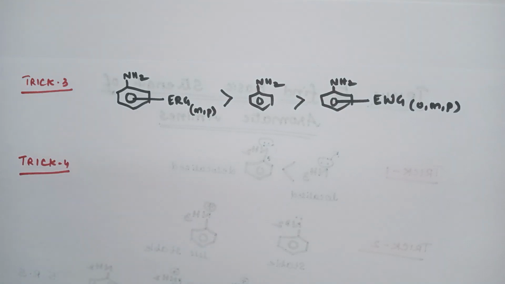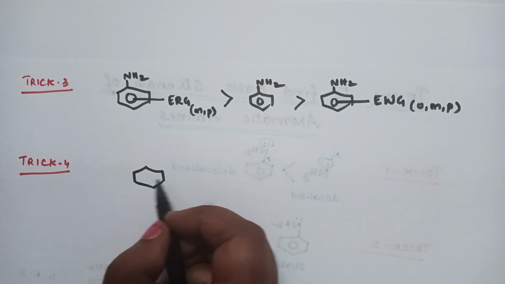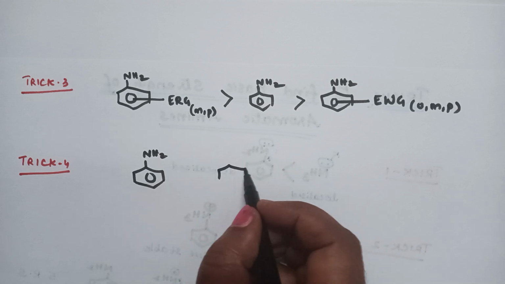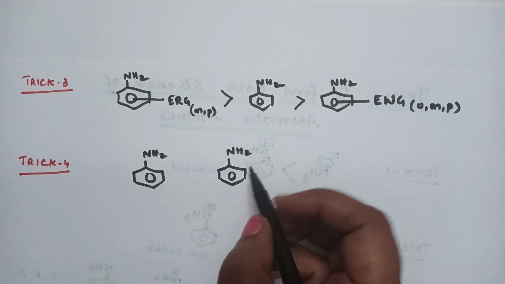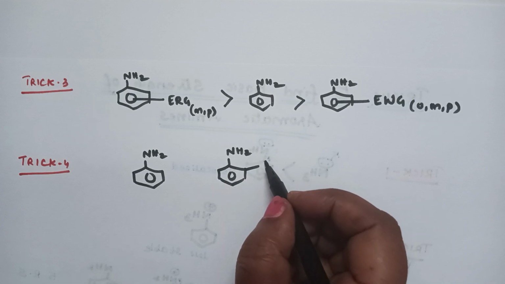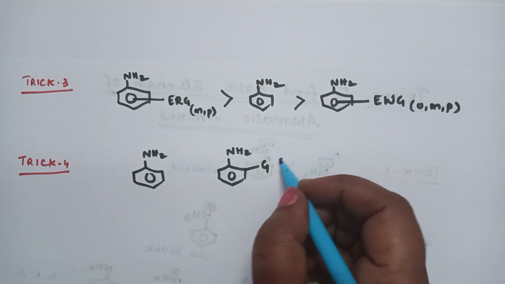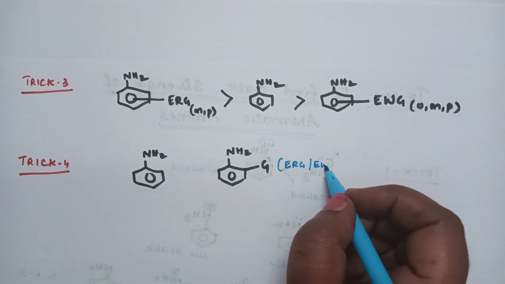Trick number 4 is: this is aniline, and to the aniline if we attach a group, this group can be an electron releasing group or an electron withdrawing group.